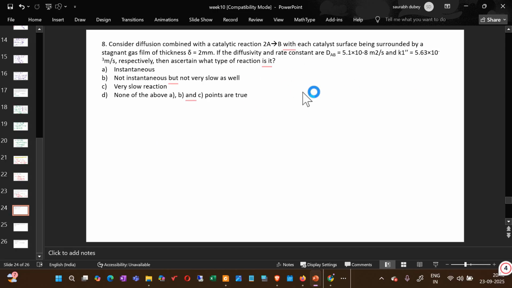So how are you going to get this? When we were discussing this instantaneous, non-instantaneous kind of conversion of A to B, in that case we had a number which is called the Damköhler number, right?